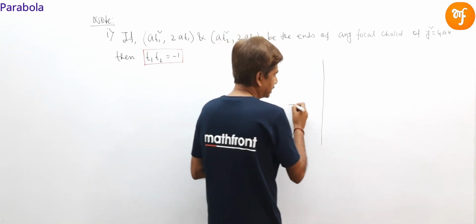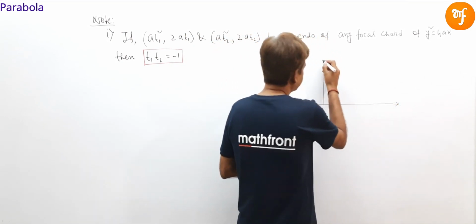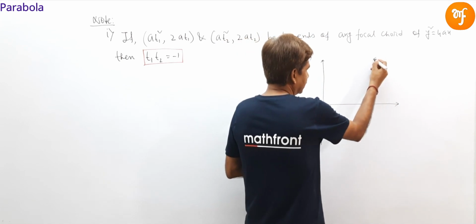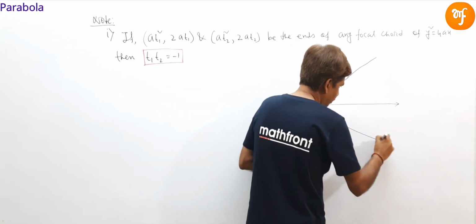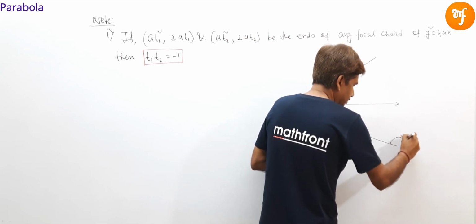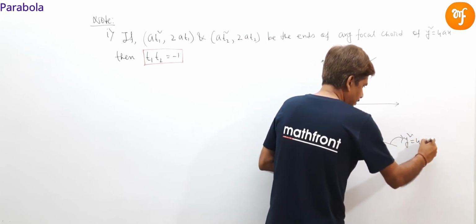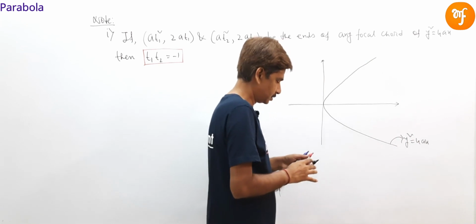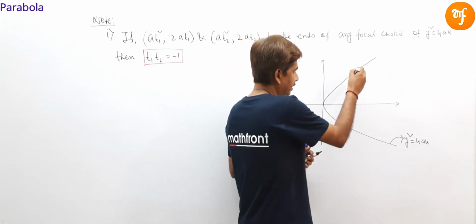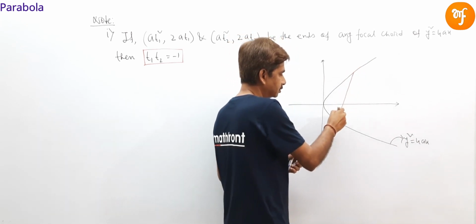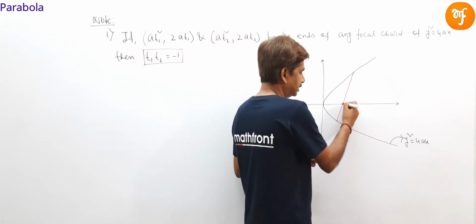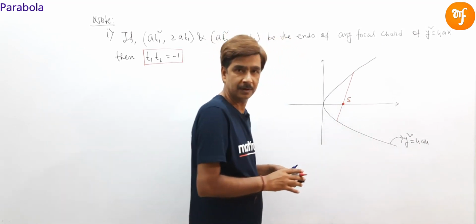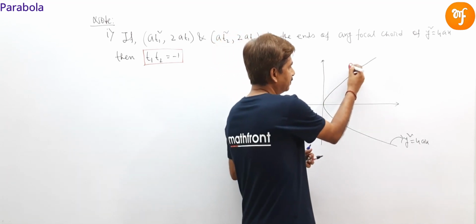So drawing the x and y coordinate axes, and this is the parabola y² = 4x. Okay, so if this is a focal chord, that is a chord passing through the focus, that means this point is the focus, and let PQ be the focal chord.